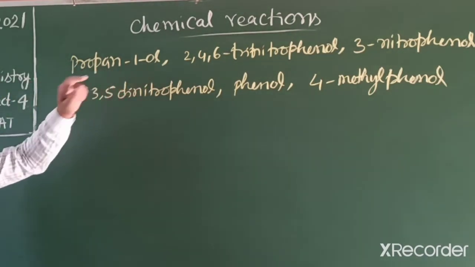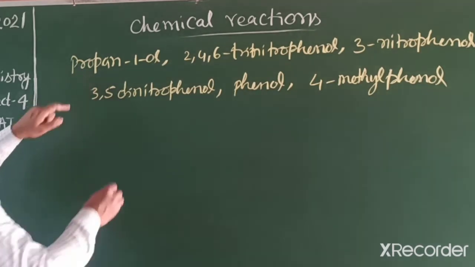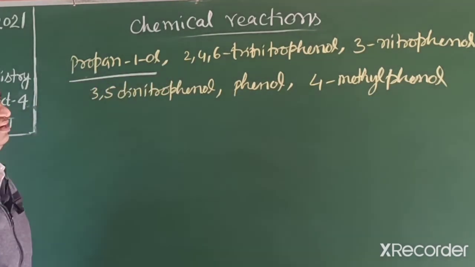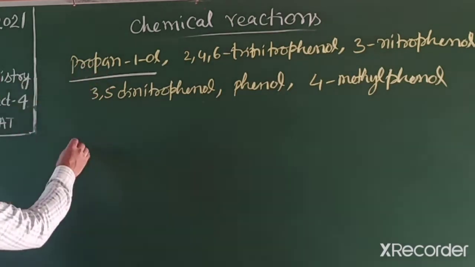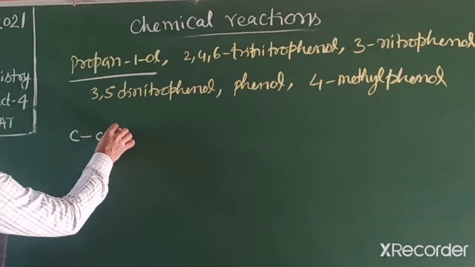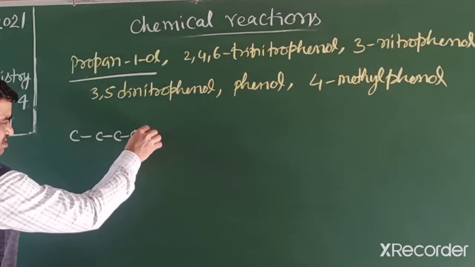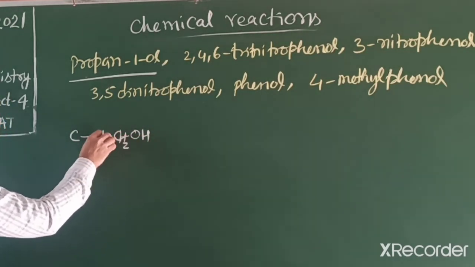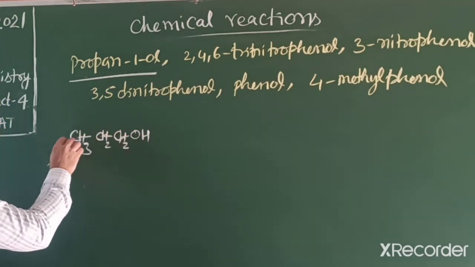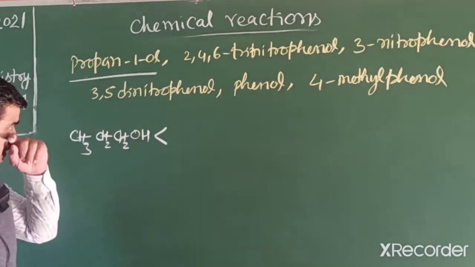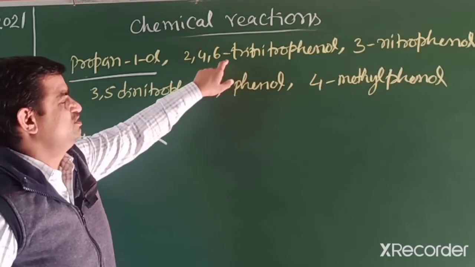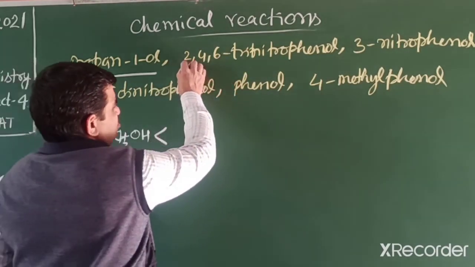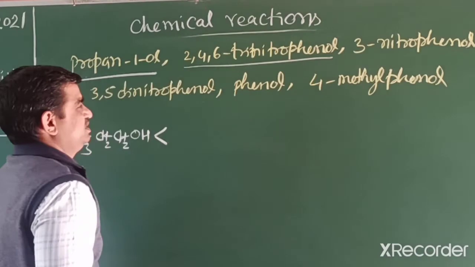First we have to write all the substances. We know propan-1-ol is an alcohol, and alcohols are weaker acids; the others are phenols. So definitely propan-1-ol is the weakest acid, so first we write propan-1-ol. Then in increasing order, we find the highest number of withdrawing groups, that is most acidic. 2,4,6-trinitrophenol is most acidic.